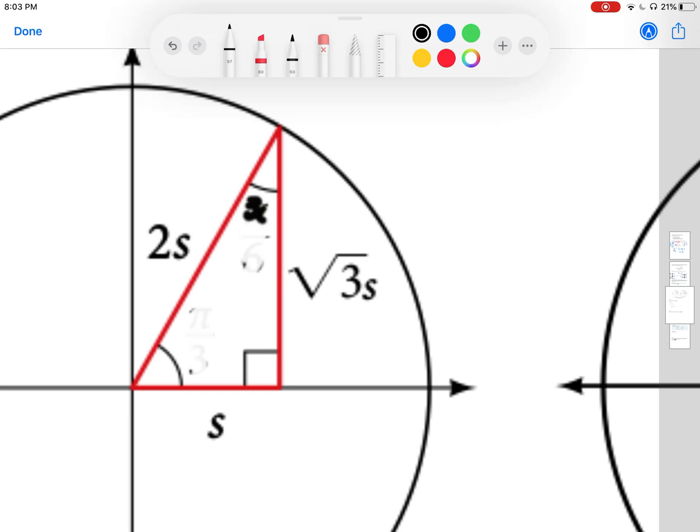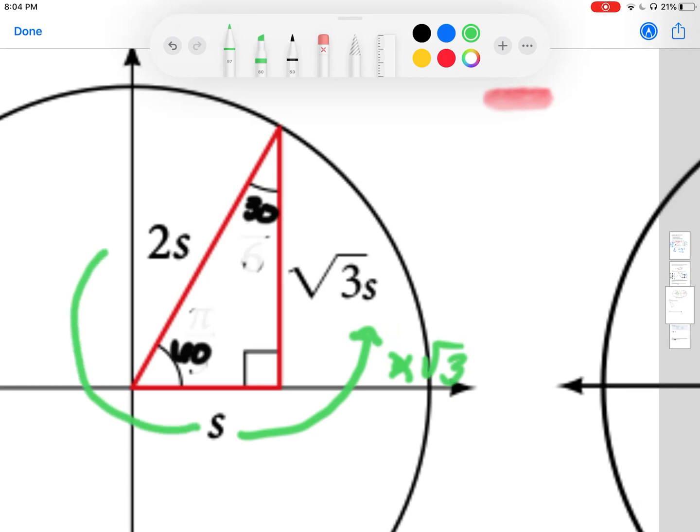So we have a 30, 60, 90 triangle. Since this is the side that corresponds to 30 degrees, to go from 30 degrees to 60 degrees, you multiply by a square root of 3. To go from 30 degrees to your hypotenuse, you multiply by 2.